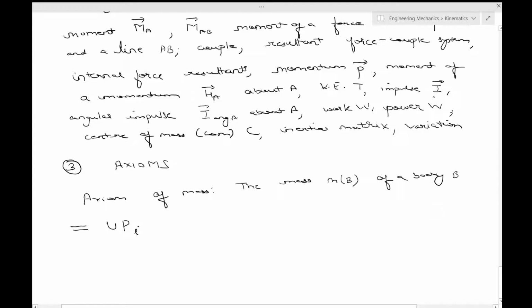For example, if you have this, this is the body B, and I am just drawing these parts P1, P2, P3, P4. Okay, so this body B is a union of all these parts. Pi is meaning that you have a union of P1, P2, P3 and P4, or whatever number of parts which you may have.